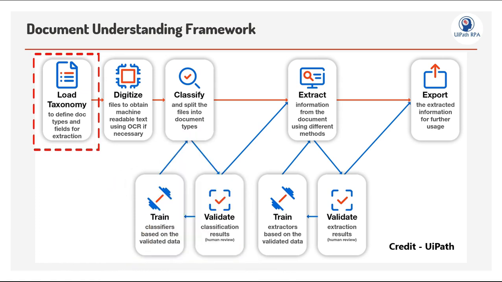Similarly, the bot has a Taxonomy Manager where we can define these things. So the first step is Load Taxonomy, which loads the predefined taxonomy in the UiPath Document Understanding workflow, or you can say DU workflow. We will talk about the Taxonomy Manager in detail in an upcoming video.